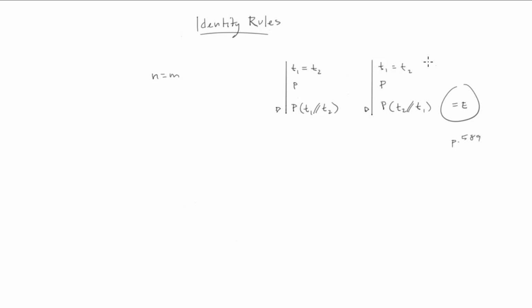The right-hand statement is pretty much the same, except it says that if your sentence has the name T1 in it, then you can take any number of the occurrences of T1 out and substitute T2 in for it. Another name for identity elimination is the substitutivity of identity.